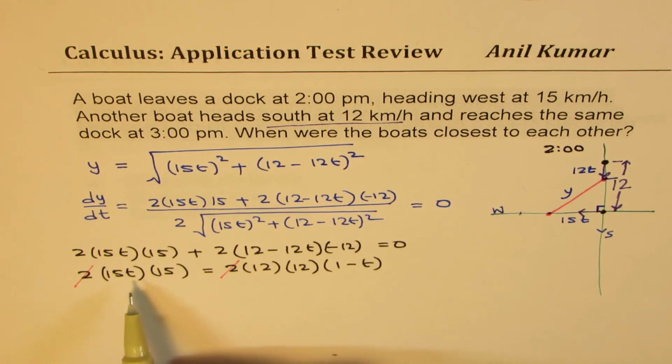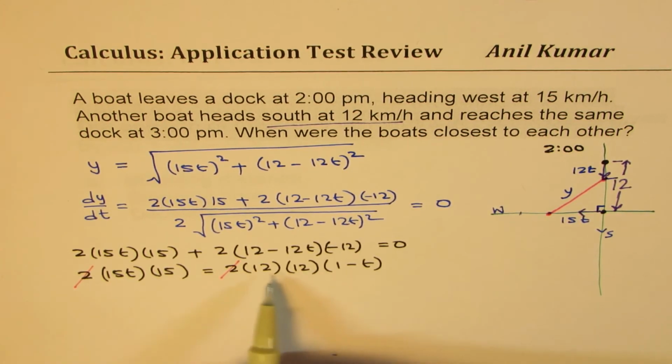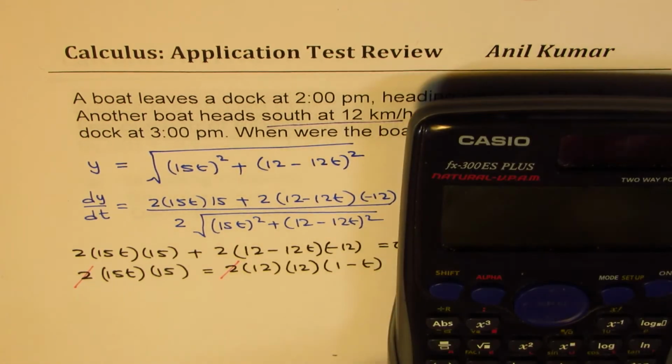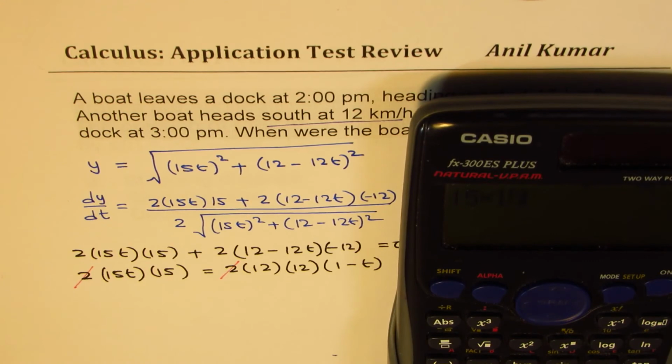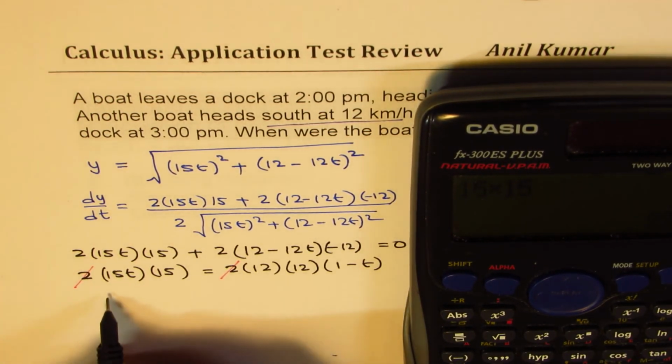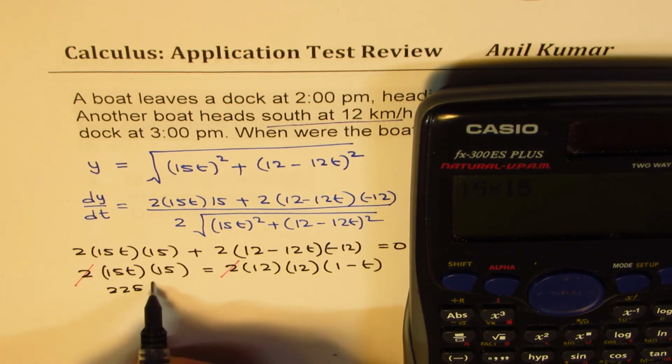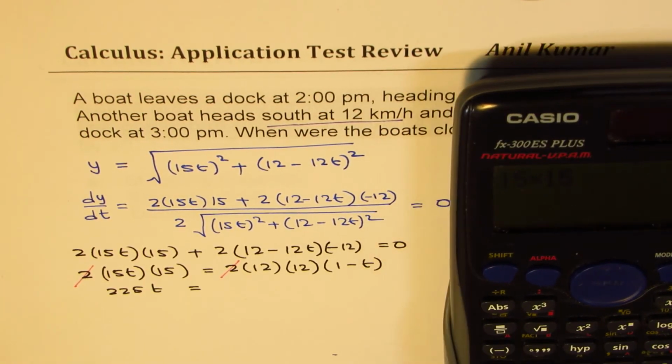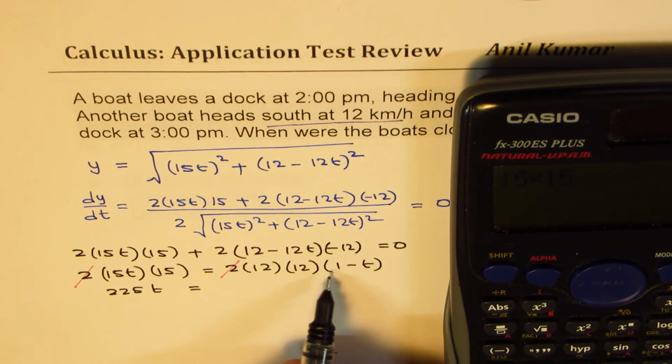Okay, no need. We are using a calculator, so no need. Otherwise, I would divide both by 3 and simplify it a bit. Anyway, it doesn't matter. So let's use the calculator. So we have 15 times 15, which is 225. So let me write the left side as 225t equals 12 times 12, which is 144.